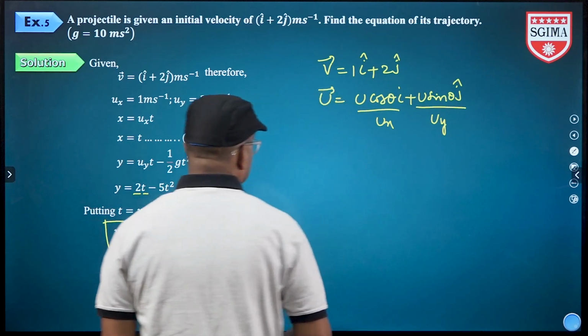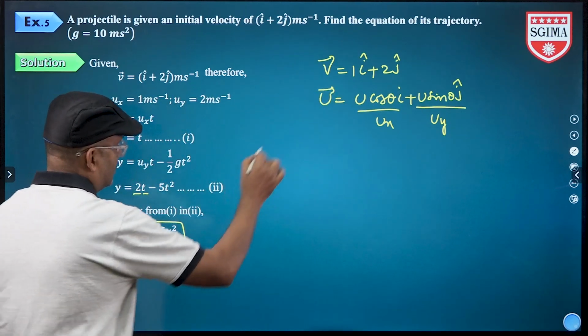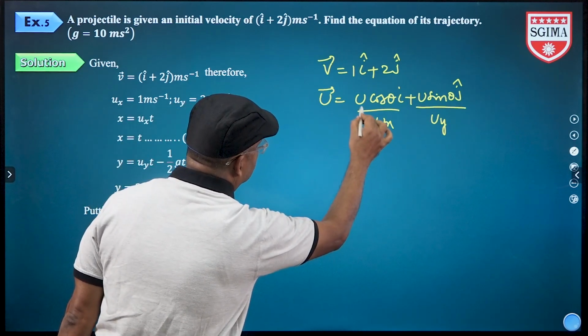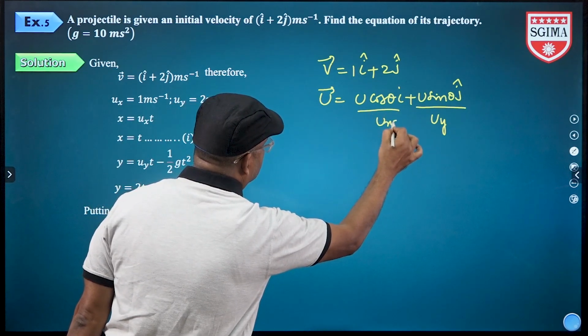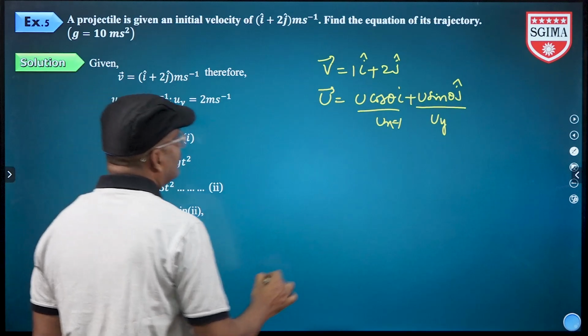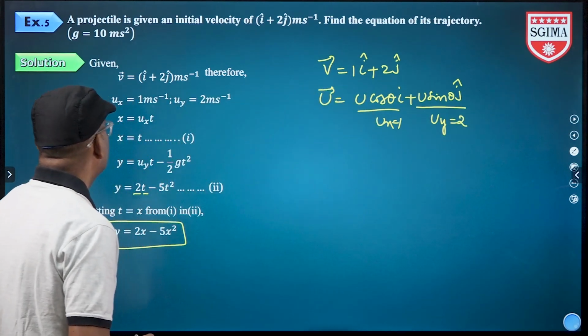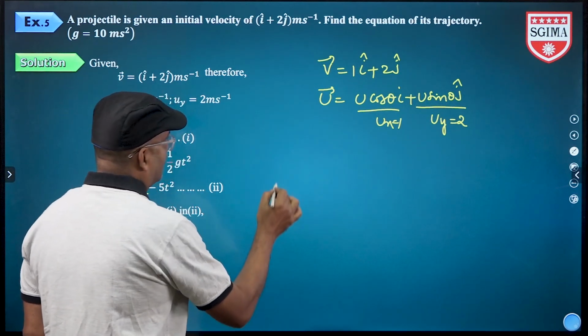Now, u cos theta value, that is ux, is equal to 1. uy is equal to 2. So, we know that formula.